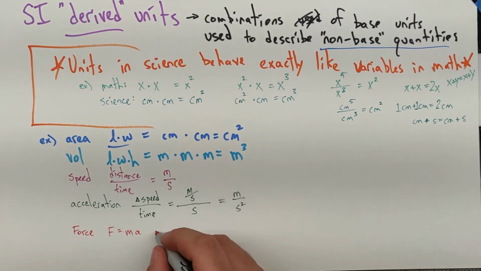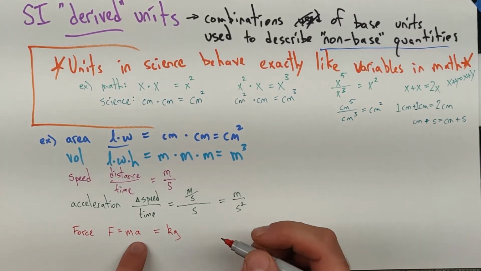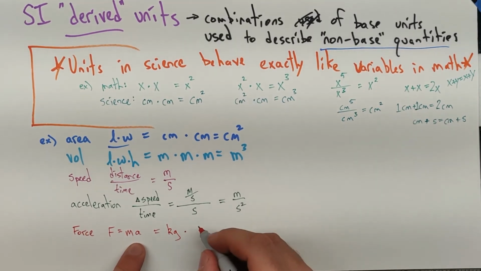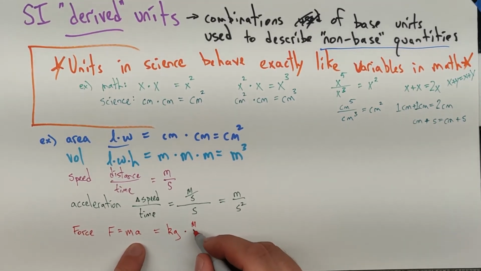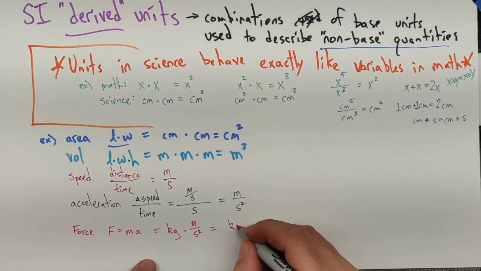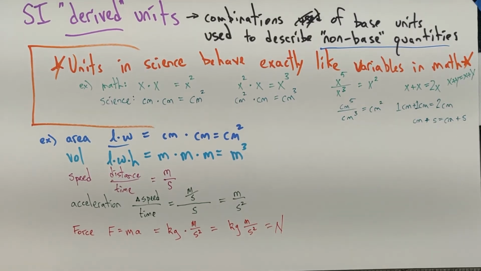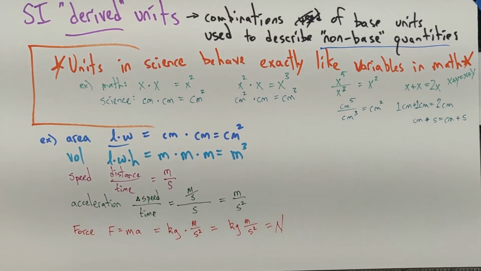Well, m is a mass, and that's got to be in kilograms, and a is acceleration, which is, we just figured out, meters per second squared. So it turns out force is measured in kilograms meters per second squared, which we call a Newton. All right? You've probably seen Newtons somewhere before.